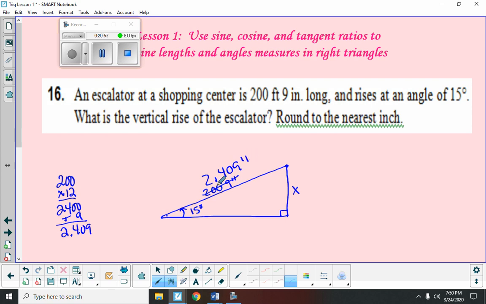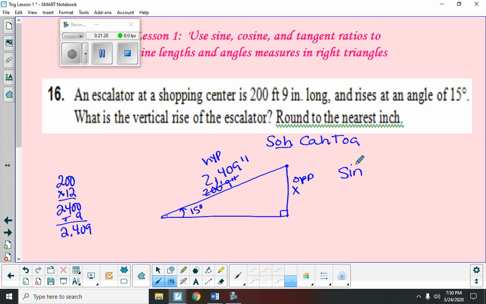So that's what that length is. Now, next thing we want to do, like I said before, is label the sides. This is the hypotenuse. This is the opposite. So which uses the opposite and the hypotenuse? That would be sine. So we're going to use sine.